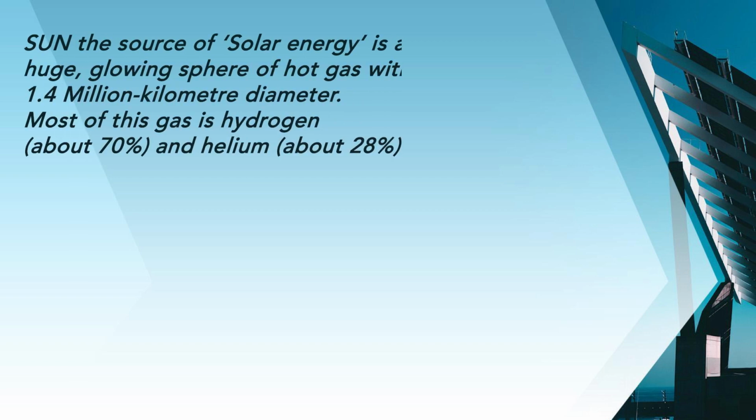Sun, the source of solar energy, is a huge glowing sphere of hot gas with 1.4 million kilometer diameter. Most of this gas is hydrogen about 70% and helium about 28%. Due to nuclear fusion reaction of hydrogen with helium, internal temperatures reach over 20 million Kelvin.